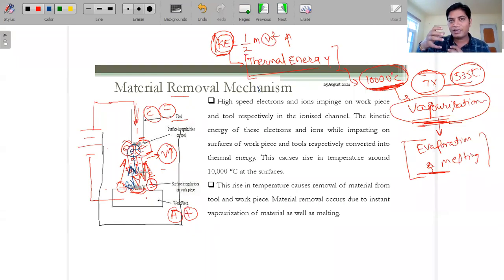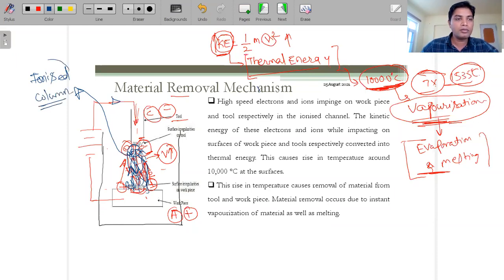As we are continuously supplying the current, the number of electrons and positive ions released increases. All the electrons are moving towards the workpiece side, and all the positive ions are moving toward the tool side, so they will form an ionized column.